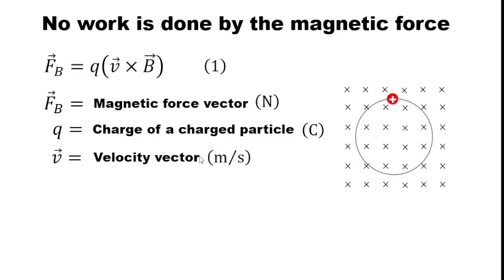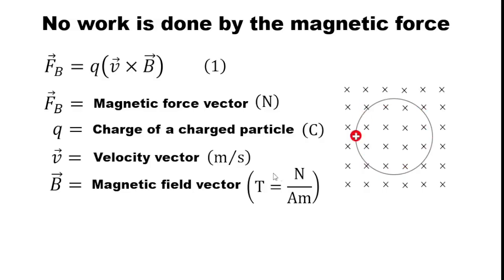Its units are meter per second. And this magnetic field is represented by letter B. And this B is the magnetic field vector. We measure it in Tesla. And 1 Tesla is equal to 1 Newton per ampere per meter.